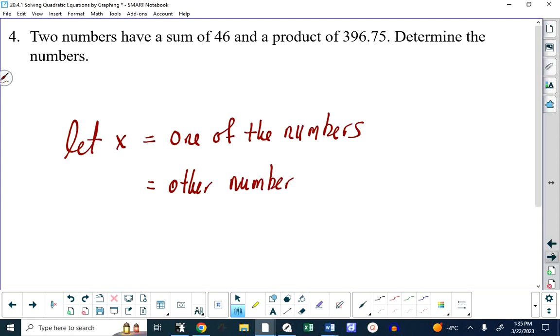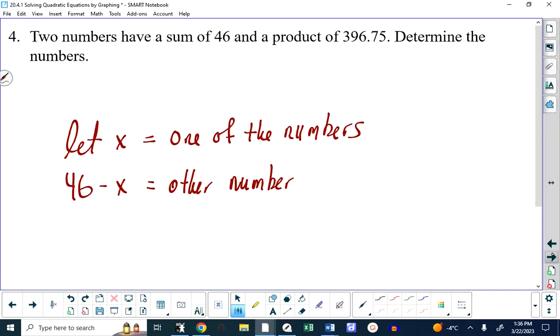I'm going to give you some advice right now, and it's to avoid using y at all costs. 46 minus x, right. There will come a time where we can introduce another variable, Nate, y, if you like. But I want to avoid a second variable right from the beginning and say if these numbers add up to 46, then 46 minus x has to give you the other number.